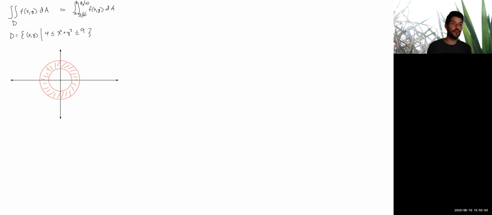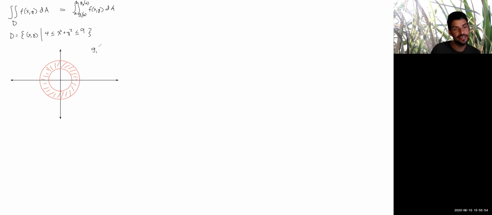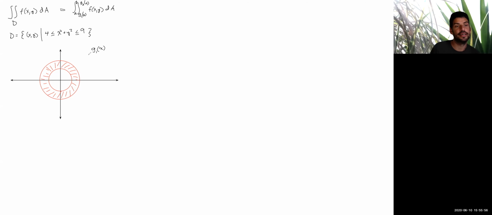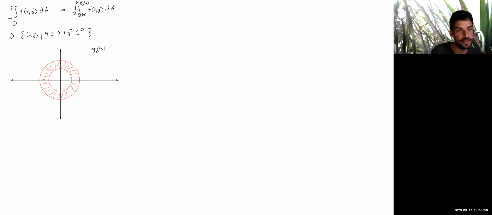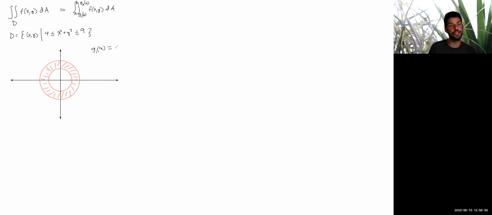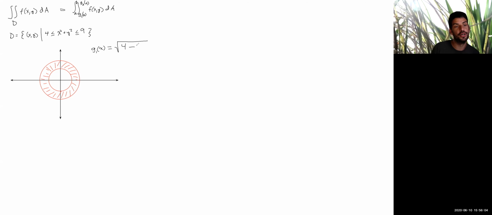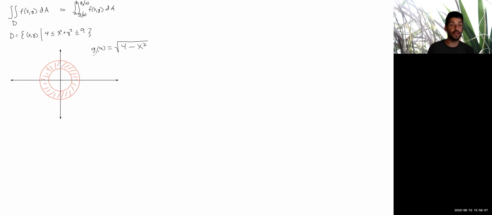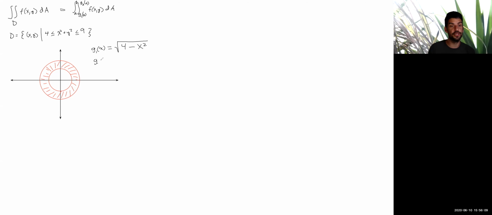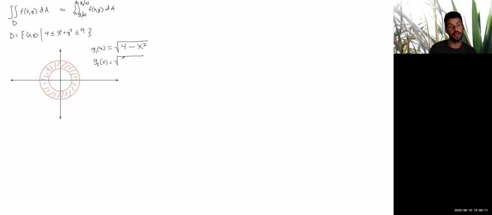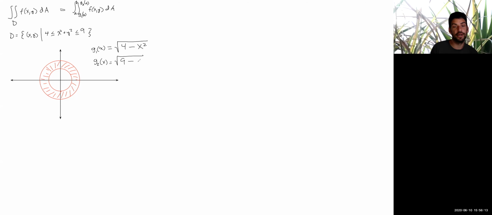But these functions g1 and g2 are going to be things like, in this case, for instance, the bottom function would be the square root of 4 minus x squared, and the upper function would be the square root of 9 minus x squared.